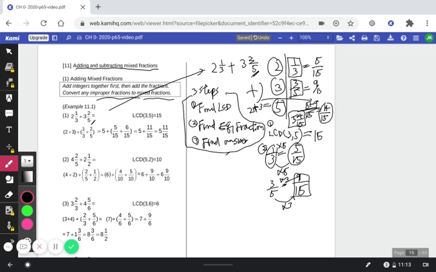Now the second one. When you add 4 and 2/5, write down 4 and 2/5 in a vertical way. For the second number, which is 2 and 1/2.